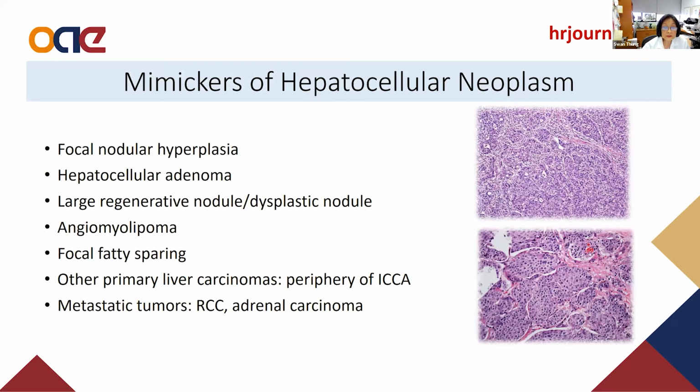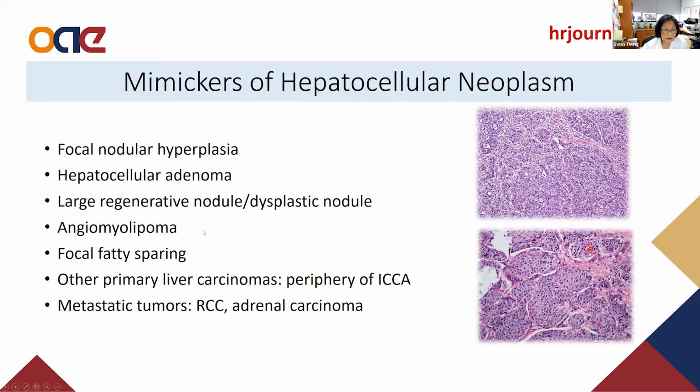list of the most common lesions in question. These turn out to be focal nodular hyperplasia and hepatocellular adenoma in a non-cirrhotic liver. In a cirrhotic liver, it can be a large regenerative nodule or, as mentioned earlier, a dysplastic nodule, which can be separated into low-grade and high-grade dysplastic nodules.